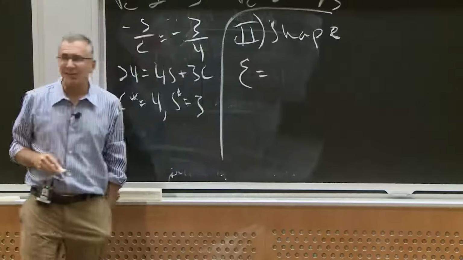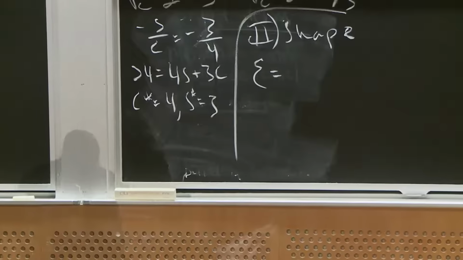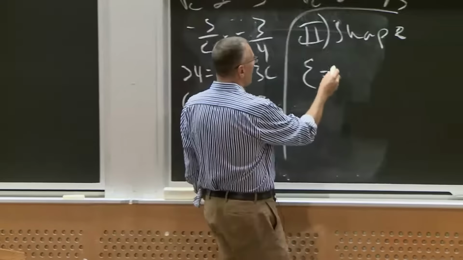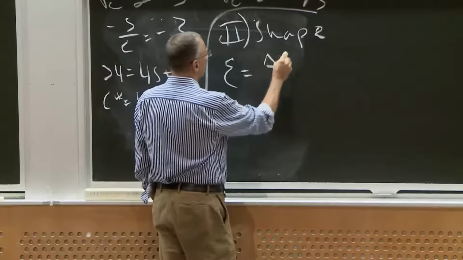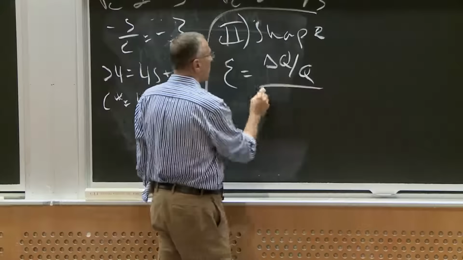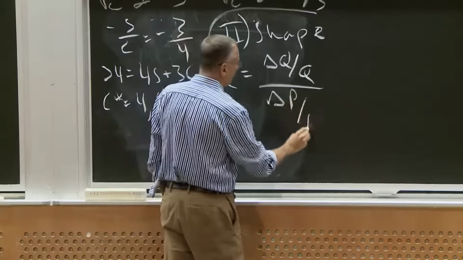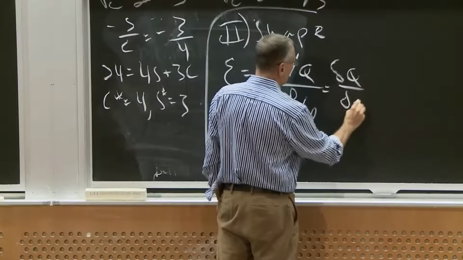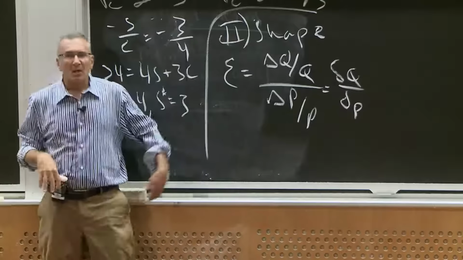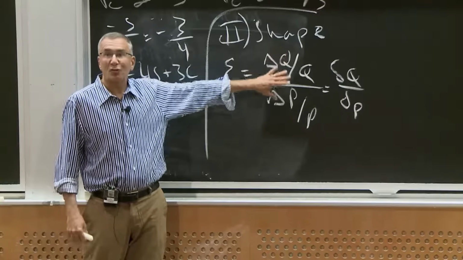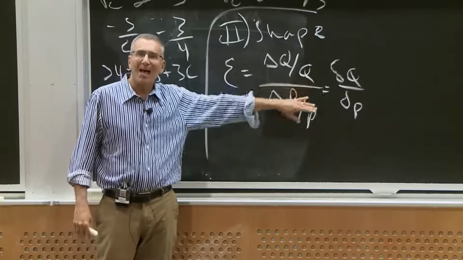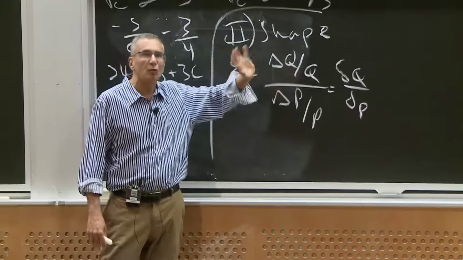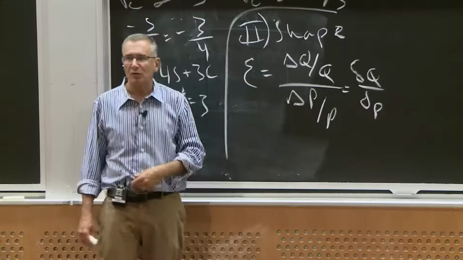The elasticity of demand, epsilon, is going to be the percentage change in quantity, delta Q over Q, per percentage change in price, or in continuous terms, dQ/dP. We're generally going to work in discrete space, but the math you can do continuously. I write it both ways because the examples we'll use will be done in discrete space. It's a little easier to see it.